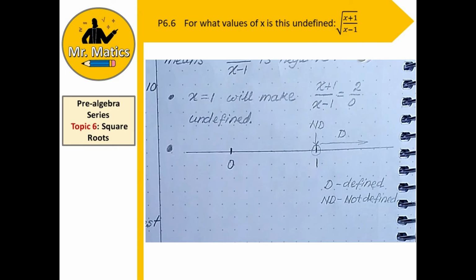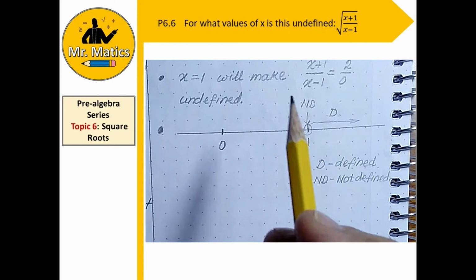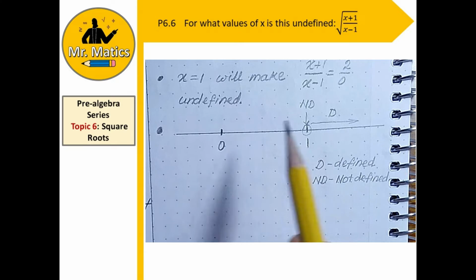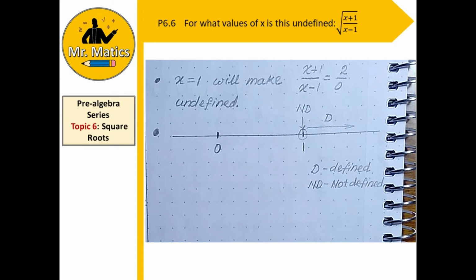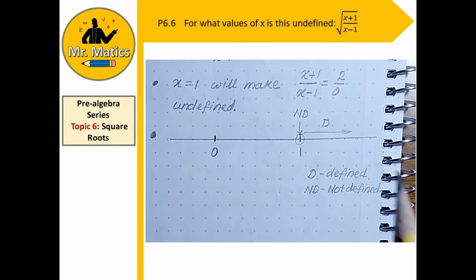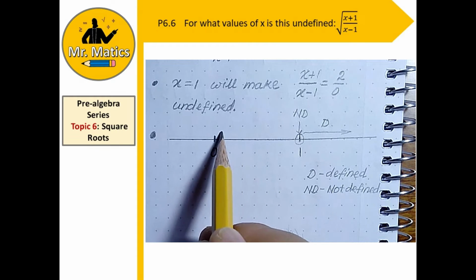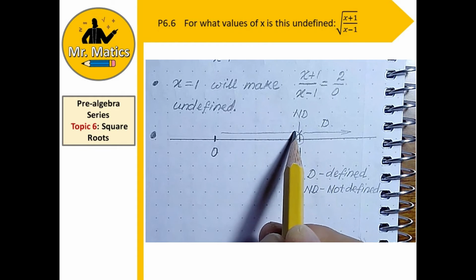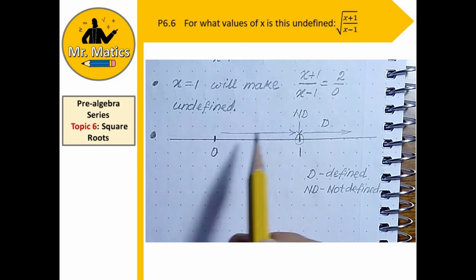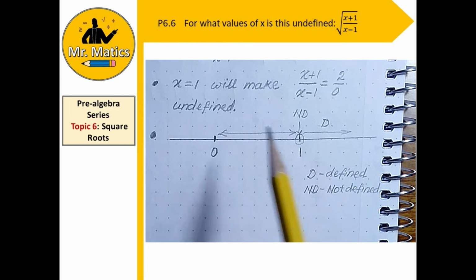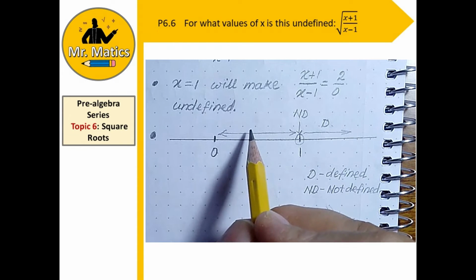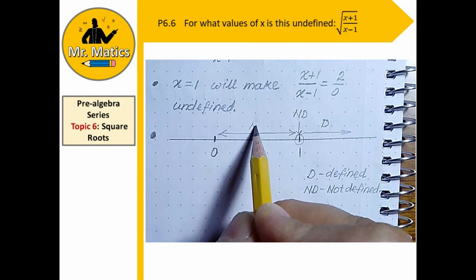So we are not going to have this ratio or the square root of that ratio defined in this area. So this will also be ND.